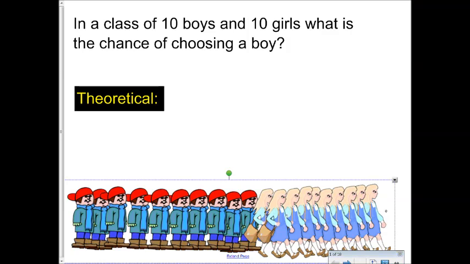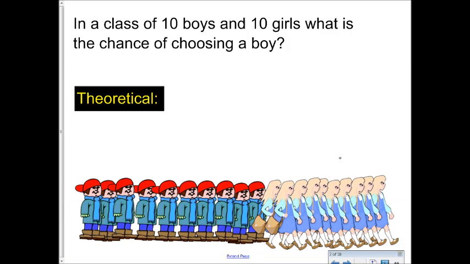Hi, everybody. I know we looked at this a little bit yesterday, but theoretical versus experimental. In a class of 10 boys and 10 girls, what is the chance of choosing a boy? Well, we've all done probability before, and we know that the chance of something happening is the number of desired outcomes over the number of total possible outcomes.